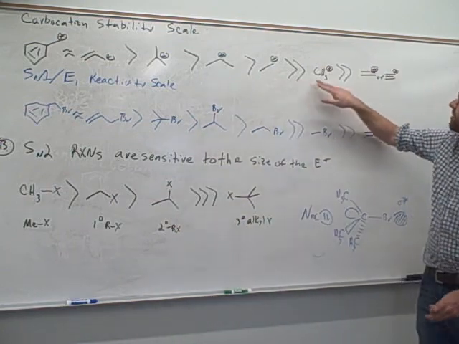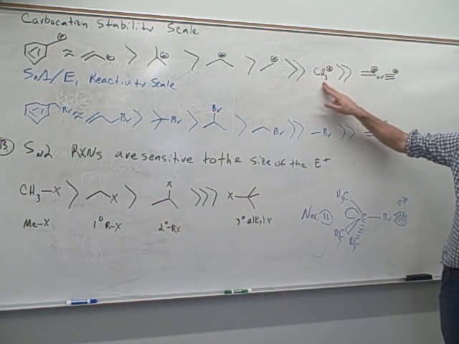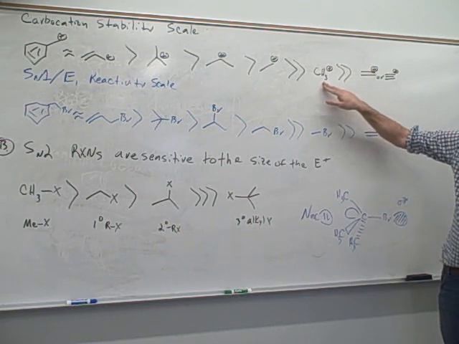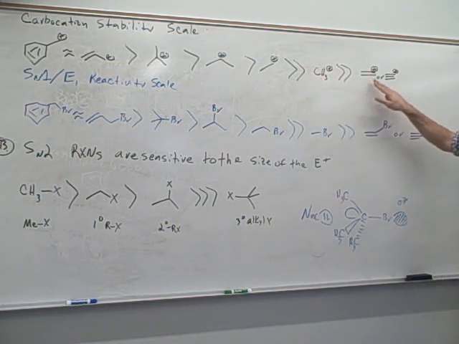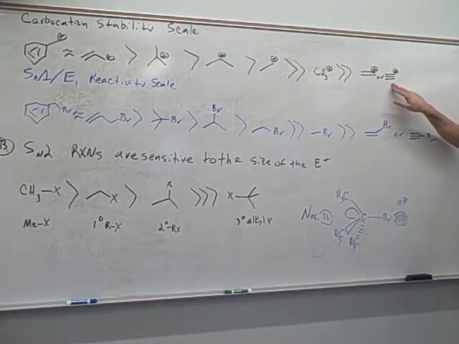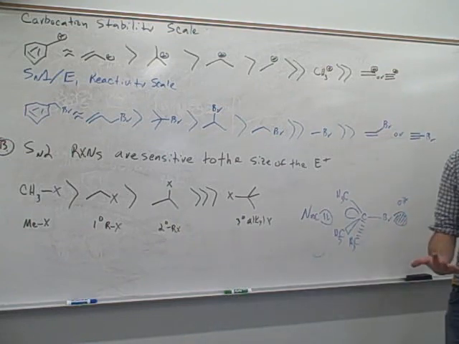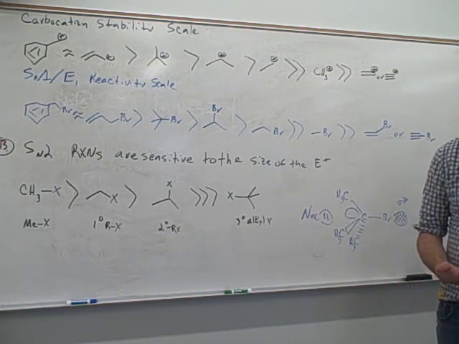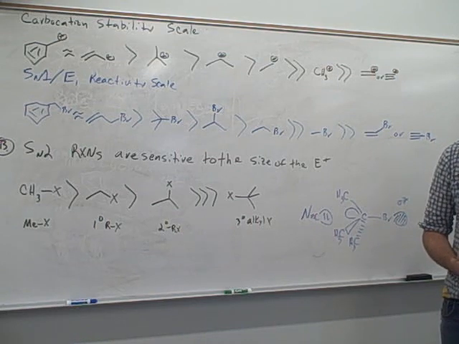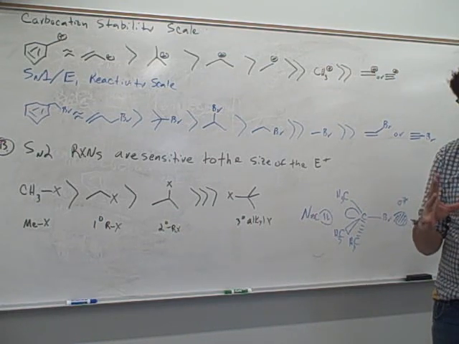Going down here, we have a methyl carbocation where there's no hyperconjugation possible. And this is much more stable than what we consider our vinyl carbocation or our alkynyl carbocation here. The reason that these are unstable is because we're placing that positive charge in an orbital that has a higher amount of s character. Remember, s orbitals hold things closer to the nucleus.